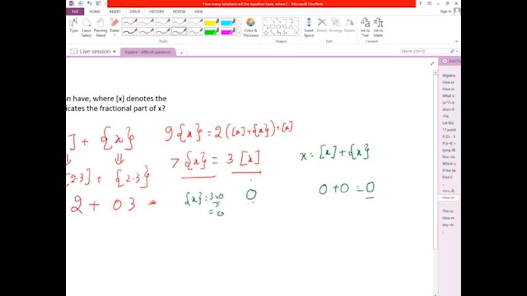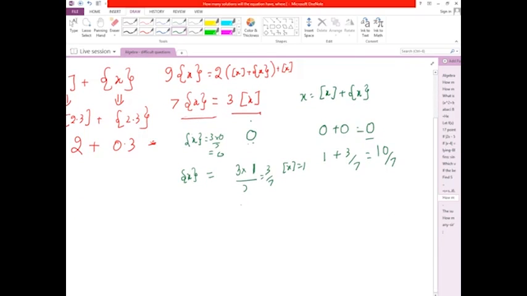Then if we put greatest integer of x is equal to 1, then this side becomes 3 into 1. And then we need to solve for fractional part of x, which is 3 into 1 by 7, or equal to 3 by 7. So greatest integer of x equal to 1, fractional part 3 by 7. So you do 1 plus 3 by 7 equal to 10 by 7.